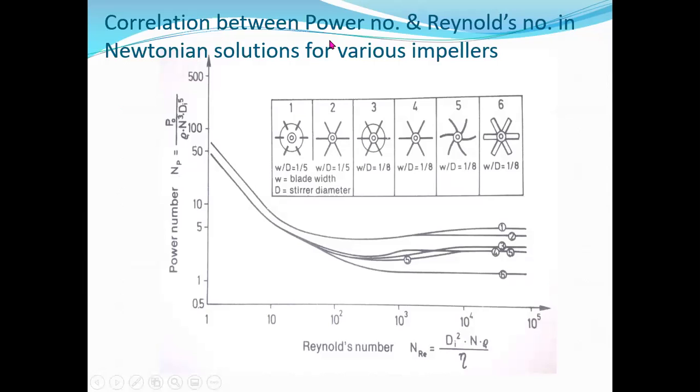There is a correlation between the power number and the Reynolds number in a Newtonian solution for various impellers. A Newtonian solution means one which follows Newton's law.